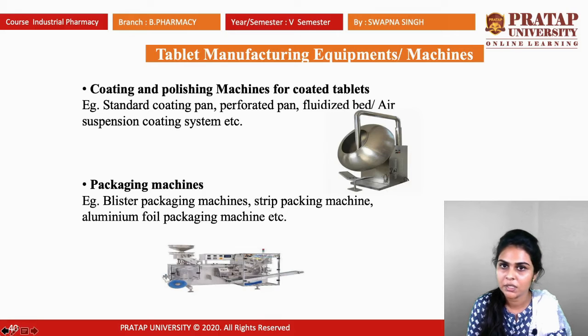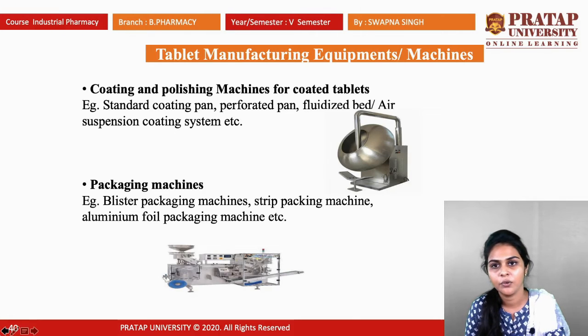For that process, different machines are available for coated tablets. The first is the standard coating pan, second is the perforated pan, third is the fluidized bed pan, and next is the suspension coating system pan. The coating pan is round; in the diagram, it is a standard coating pan made of metal.